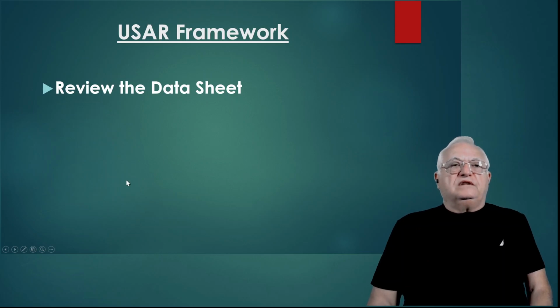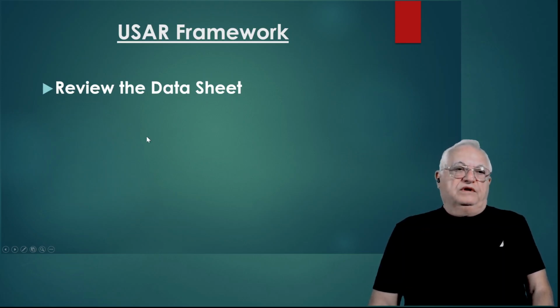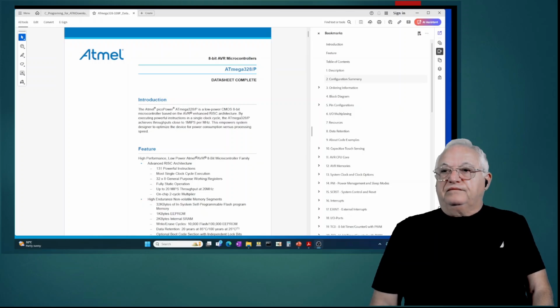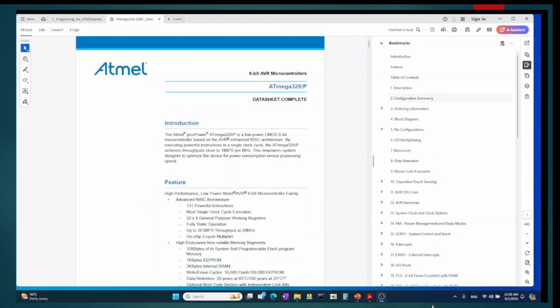So let's start talking about the framework. We'll review the data sheet, and next we'll prepare the framework. All the data that we need to put together our framework is going to be obtained from the data sheet.